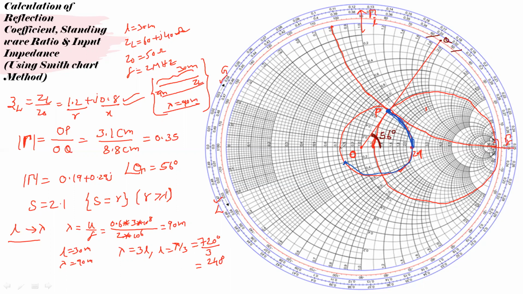Now this portion alone is 180 degrees. So 180 plus 56 also has to be considered. So finally, how many degrees now? 236 degrees are covered. Total, how many do we need to move? 240 degrees. So from this point you have to move 240 degrees towards the generator side.